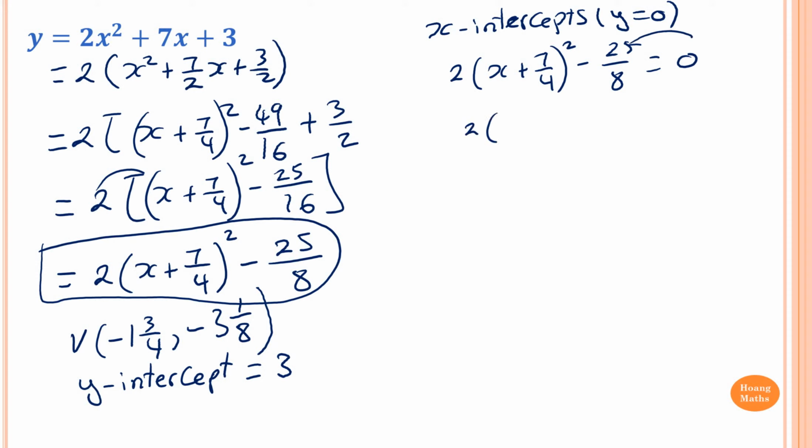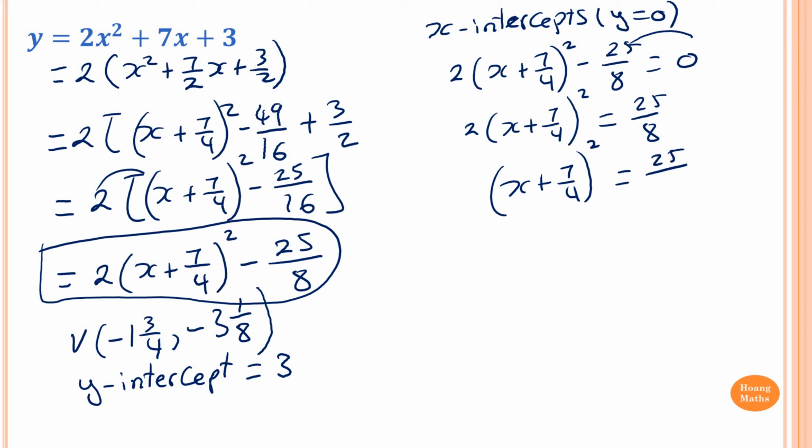So 2(x + 7/4) all squared is equal to 25/8. So now dividing by 2. So (x + 7/4) all squared is equal to 25/16.